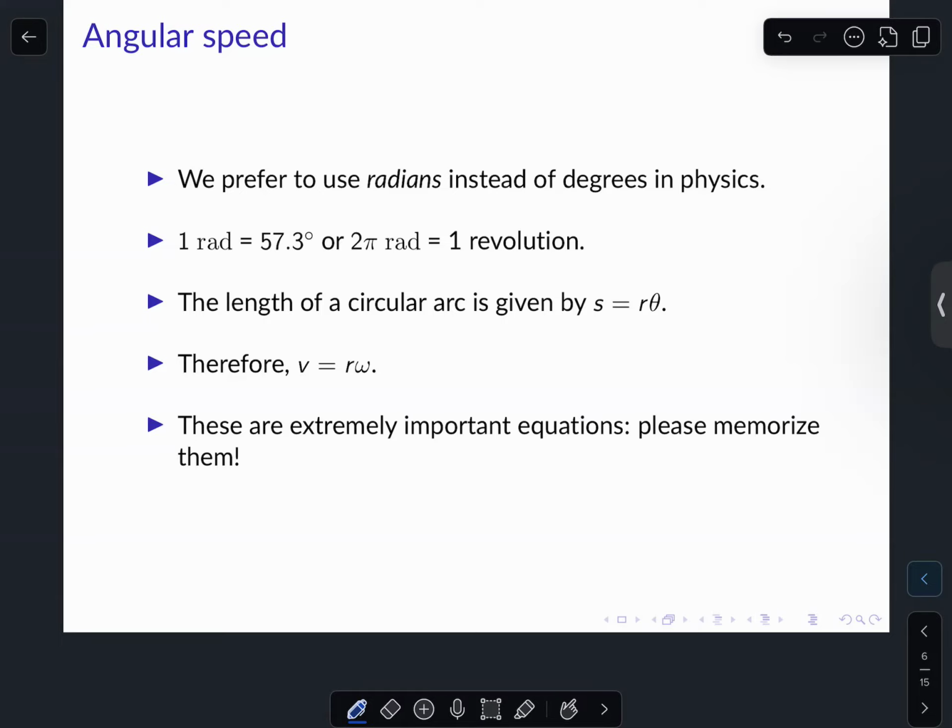If you measure angles in radians, then there's a gorgeous little relationship between length of a circle edge, some part of a circumference, and angle. It's just multiply r times theta.